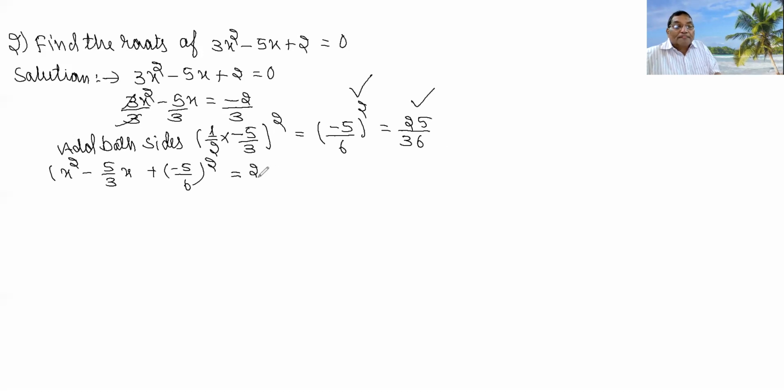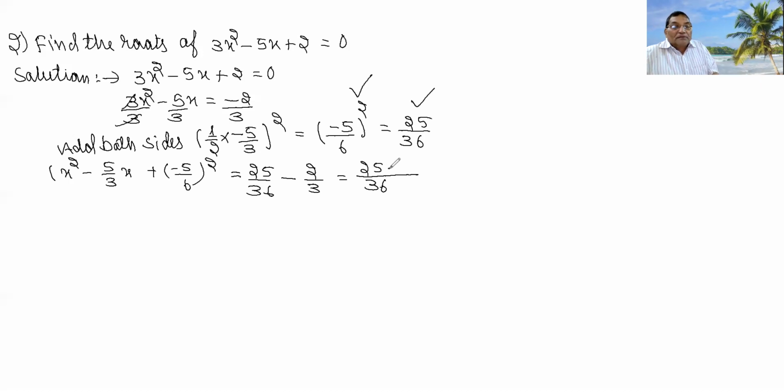So that 25 divided by 36 minus 2 by 3. And simplify this. 36 is LCM. 3 is a factor of 36. 36 upon 36, 1. 1 into 25, 25.